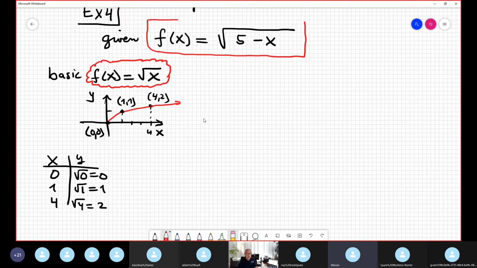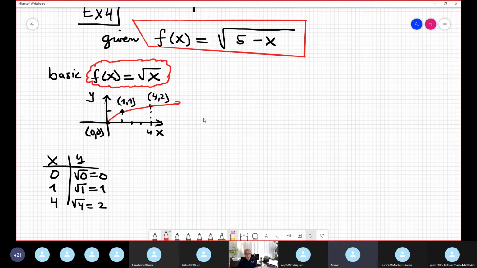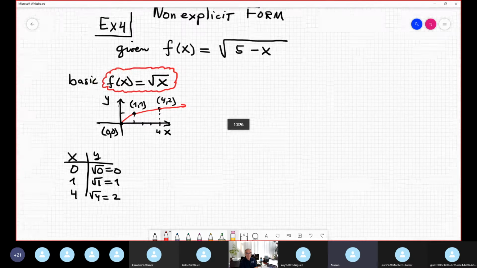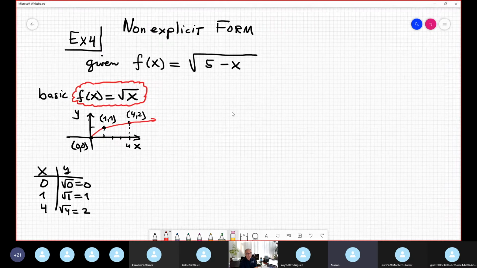Is it a horizontal shift, a vertical shift, a reflection? I have no idea. I am totally lost because it's not explicit, not clear to see. But apply your best knowledge about transformations. I need an opinion.